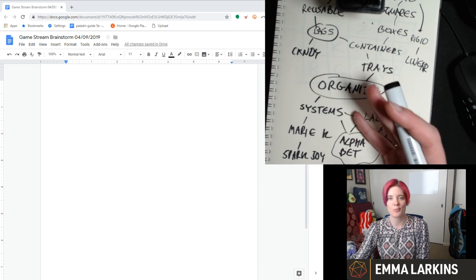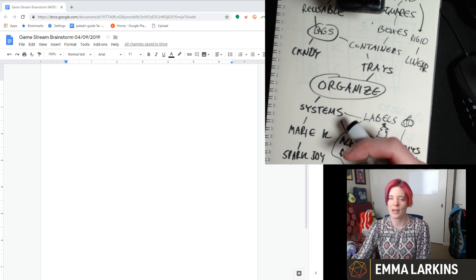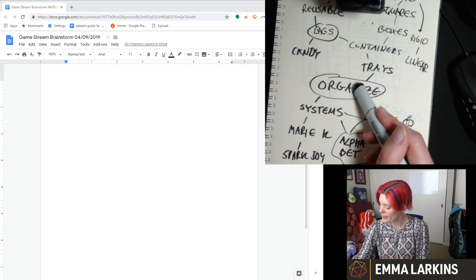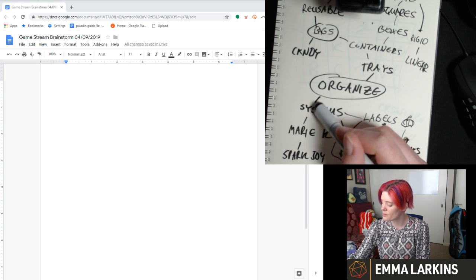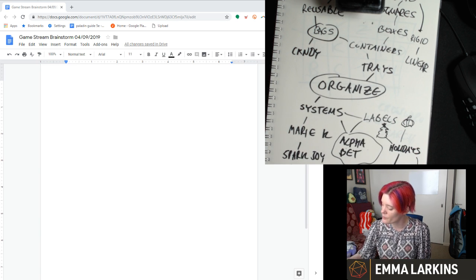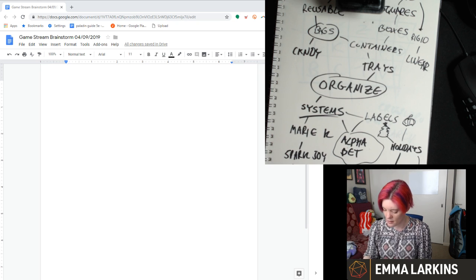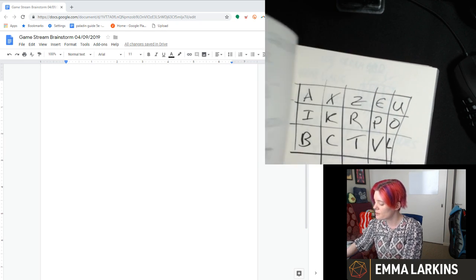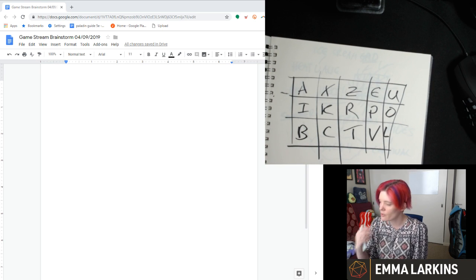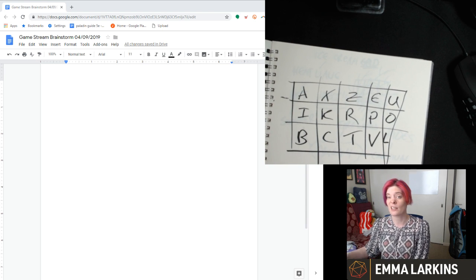The reason I came up with organized word is because I've been organizing my board game bits. I talked a little bit about alphabets, different systems. I like that. Systems for organizing things. So maybe we can delve into that a little bit. Right here, we're using a grid as a system to organize letters.